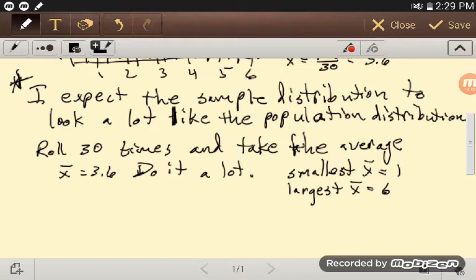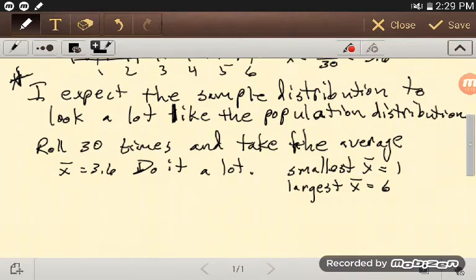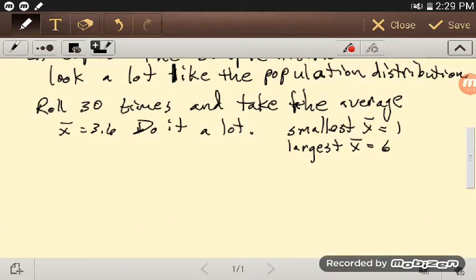Hardly going to happen, right? And the same thing with all 6s. If they did that, you would probably guess they were cheating. And so what's going to happen in this case is that 1, 2, 3, 4, 5, 6.